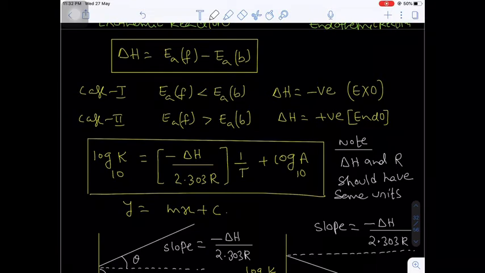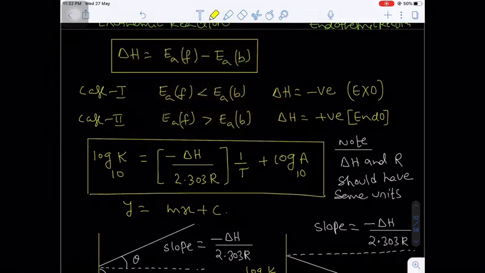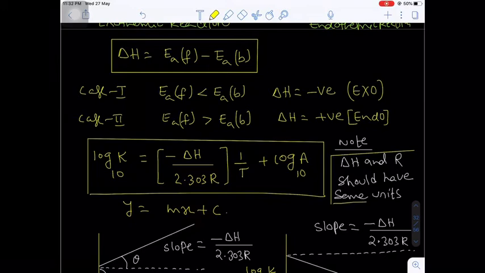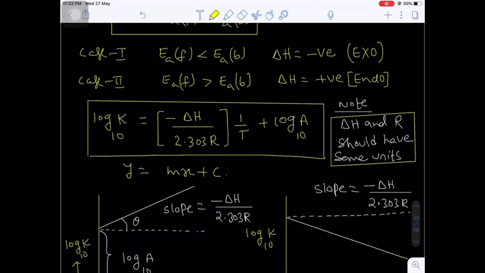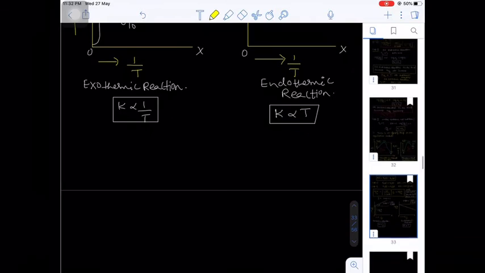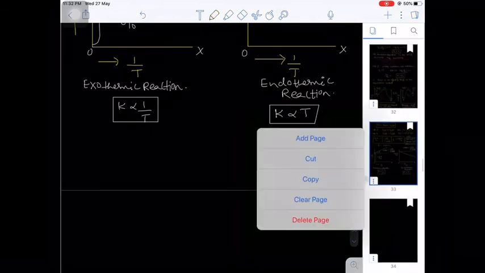The general ideal gas constant value in liter atmosphere we will use is 0.0821 liter atm per mole per Kelvin. But here the capital R value should be taken in the units of the delta H. Delta H, enthalpy of the reaction. Enthalpy of a reaction is generally in energy terms, that means kilocalorie, kilojoule, joule, calorie, isn't it, in which capital R value is also taken.